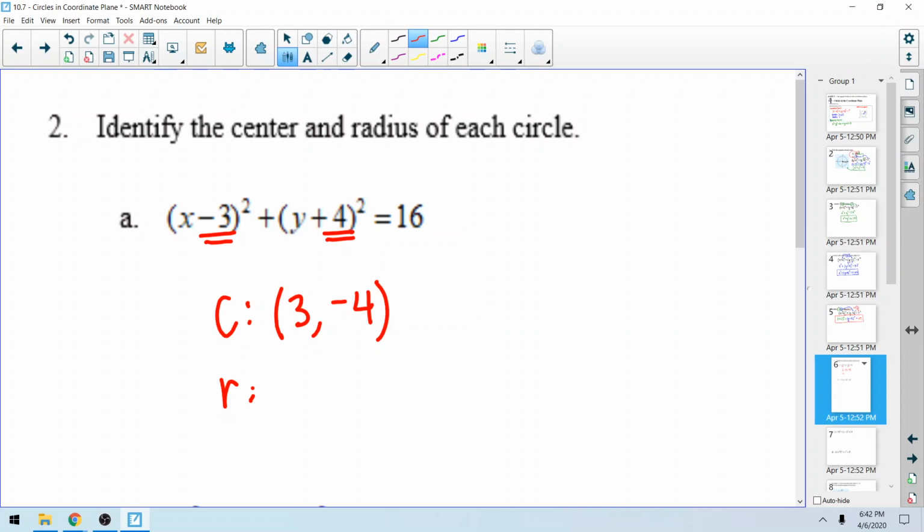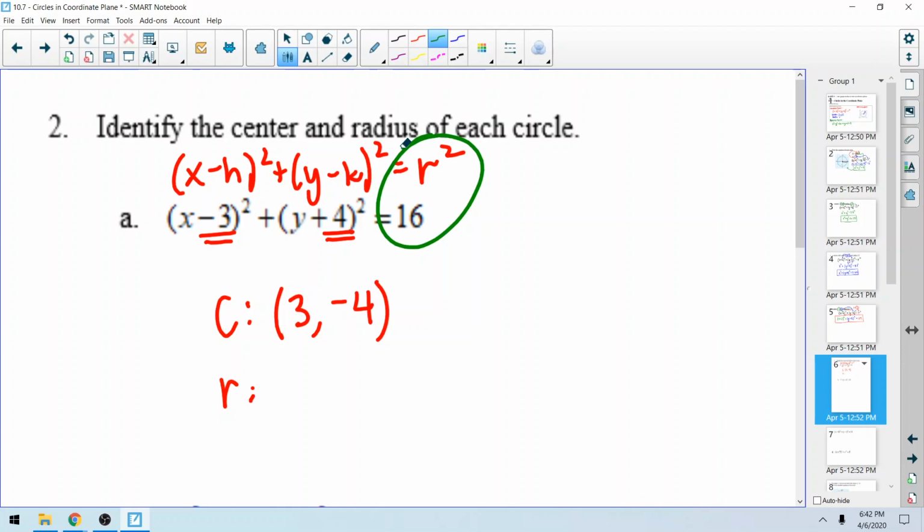And then remember in your equation, you've got x minus h squared plus y minus k squared equals r squared. So if this is r squared, and I just want r, I hope in your head you're going, oh yeah, that's 4. You have to take a square root in order to get it back out. So your radius would just be 4.